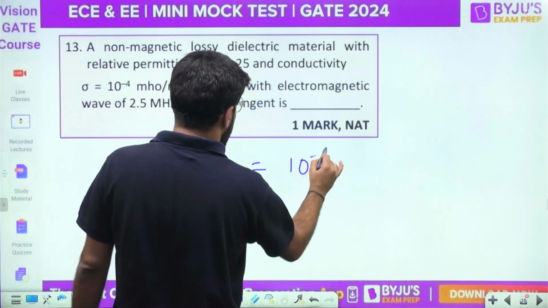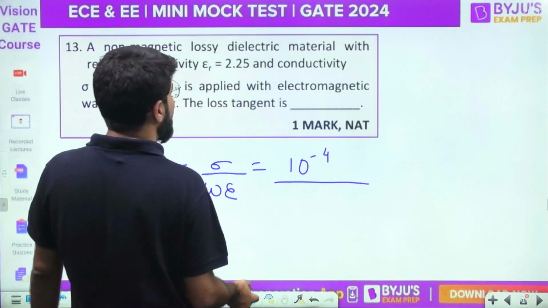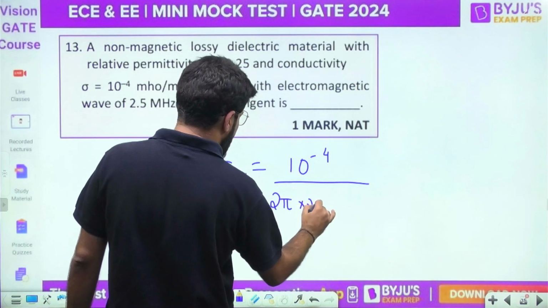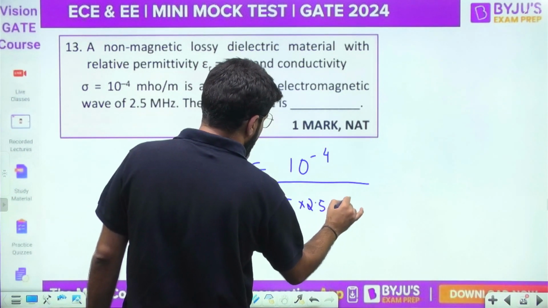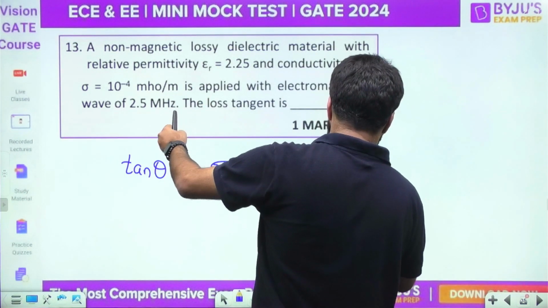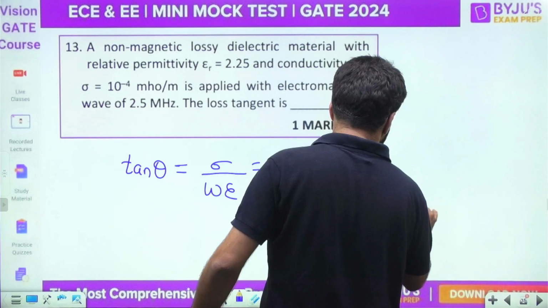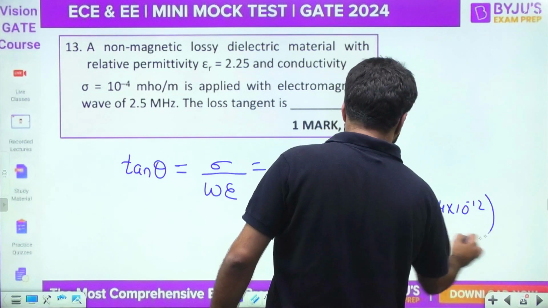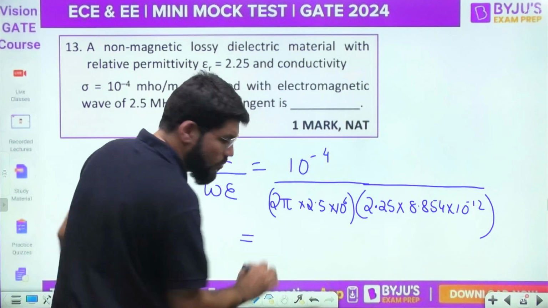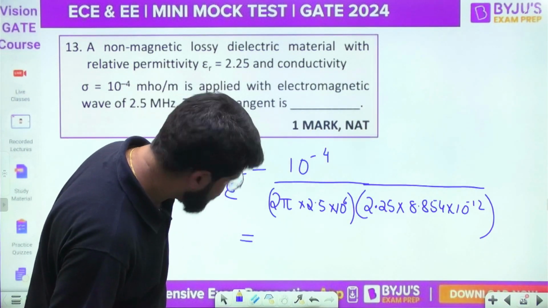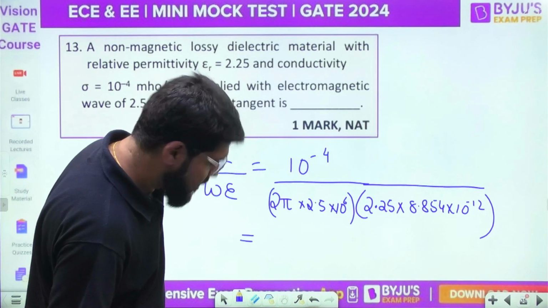Sigma is 10 raised to the power minus 4. Omega is 2 pi f, and f is 2.5 megahertz, so 2.5 into 10 power 6. Omega epsilon: the relative permittivity is 2.25, multiplied by epsilon naught, which is 8.854 into 10 power minus 12. Let's do the calculation quickly. You can also complete this.